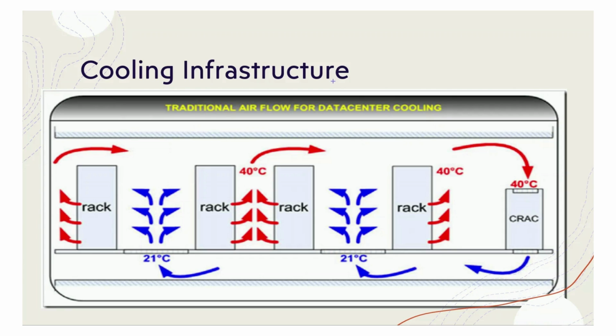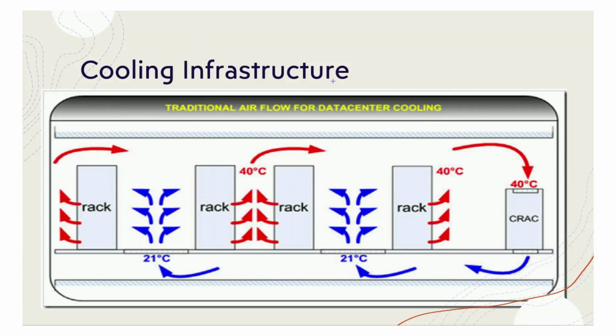This is the face-to-face, back-to-back system, which means the heat emanating from each of the devices is up to 40 degrees Celsius. Like this, 40 degrees Celsius is coming from this back. The other rack's back is facing this back. Then the 40 degrees Celsius air is being pushed up by the cold air coming from the raised floor that is being generated by the CRAC system.